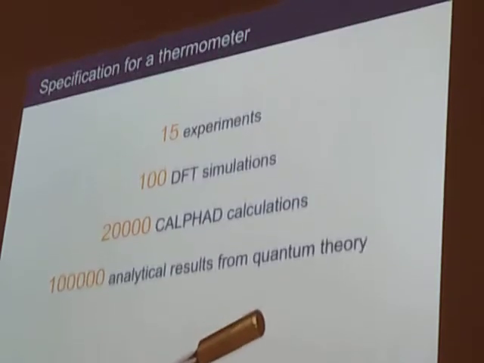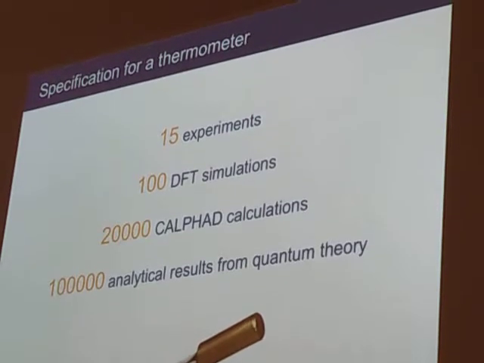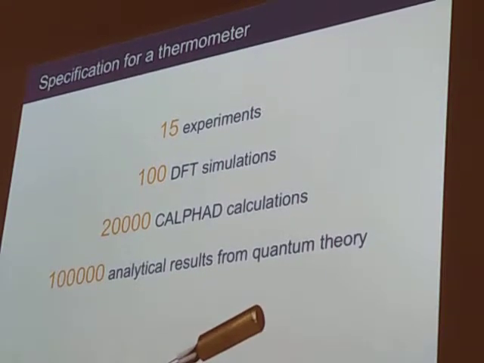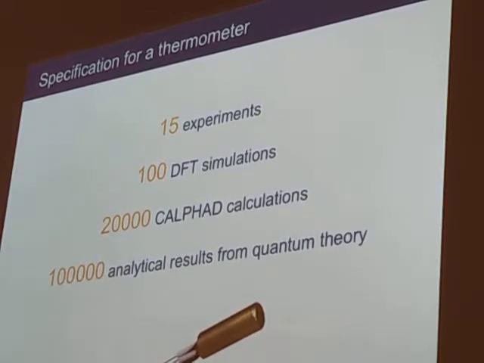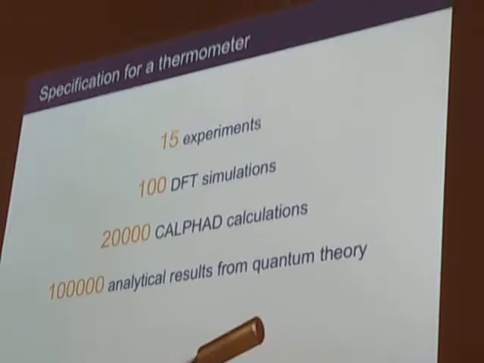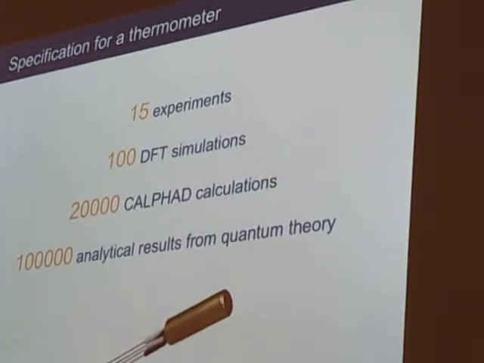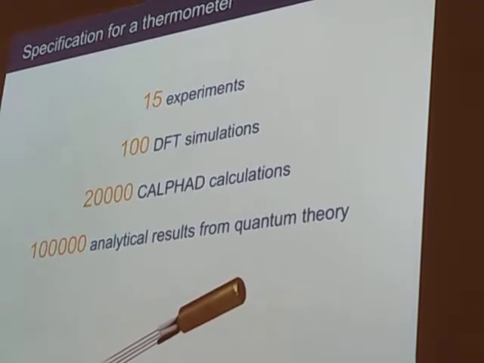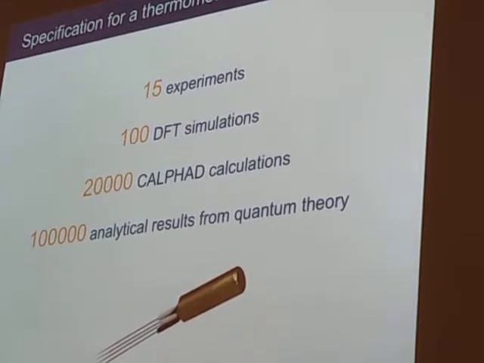We also had to put in the analytical knowledge that we had of the landscape, and because it's an analytical formula, we can make a huge database of results, 100,000 of them. We also had to understand the thermodynamics of the materials, so we had a few thousand CALPHAD thermodynamic simulations to help us.